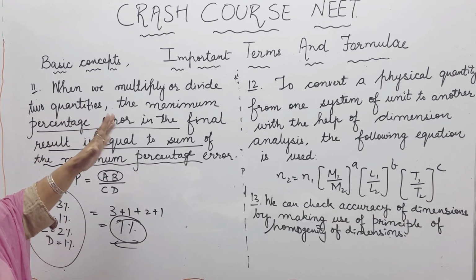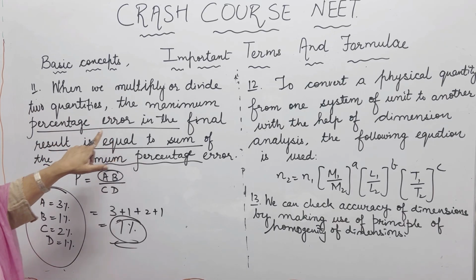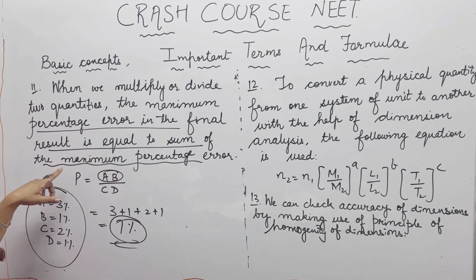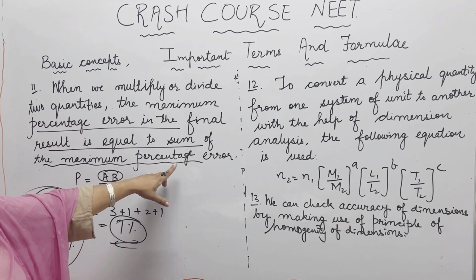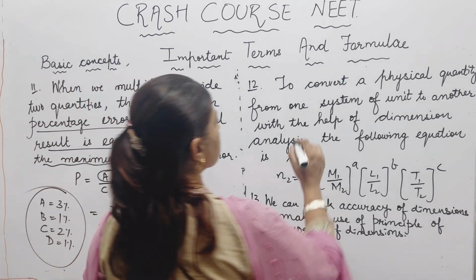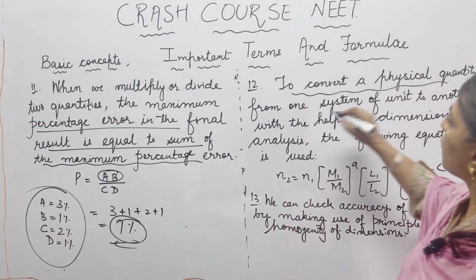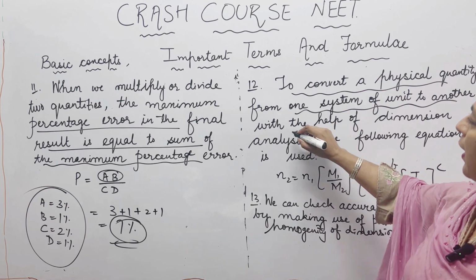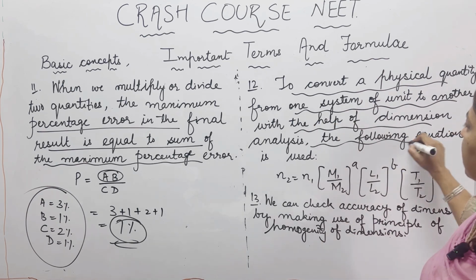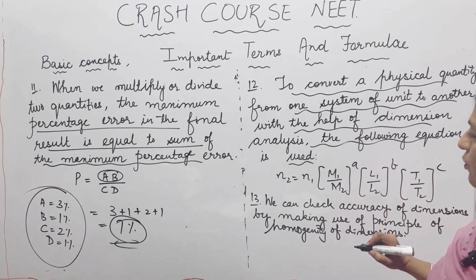Whether they are getting multiplied or divided, the percentage error in the final result is equal to the sum of the percentage errors. The next is to convert a physical quantity from one system of unit to another with the help of dimension analysis. The following equation can be used.